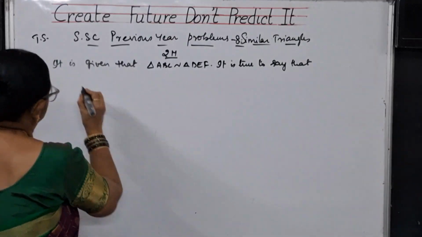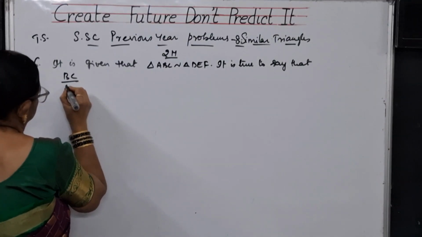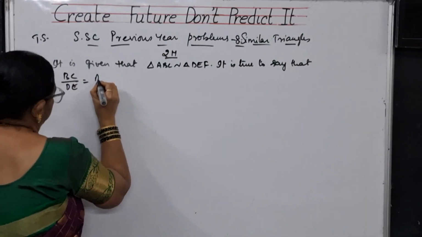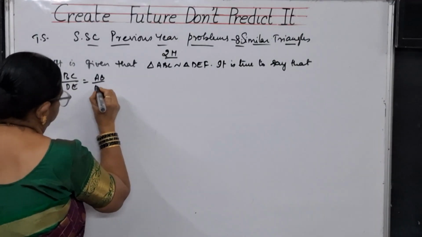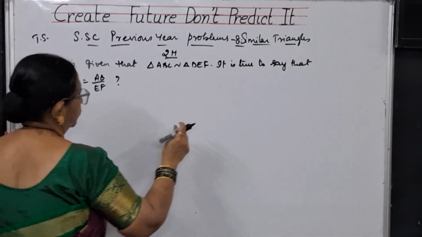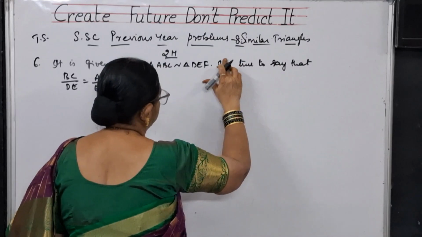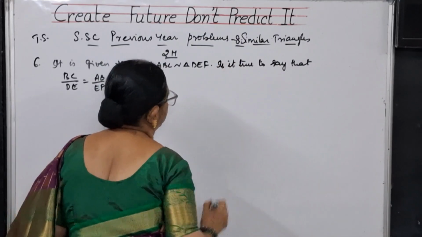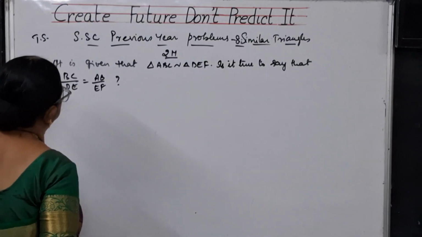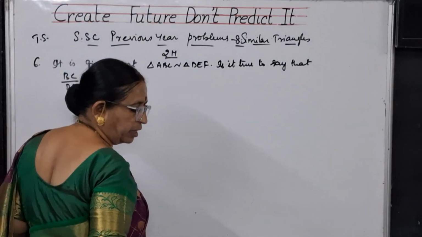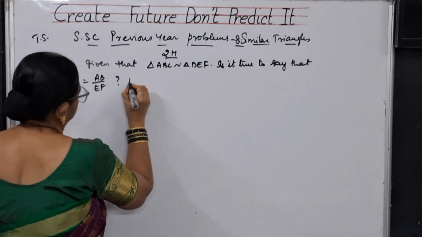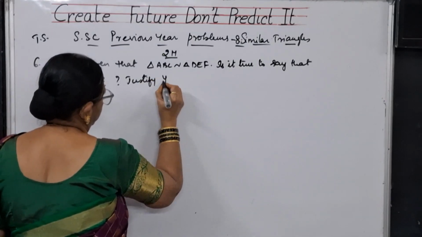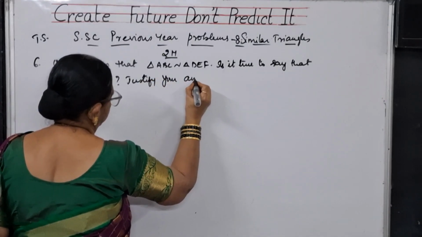Is it true to say that BC by DE is equal to AB by EF? Justify your answer.